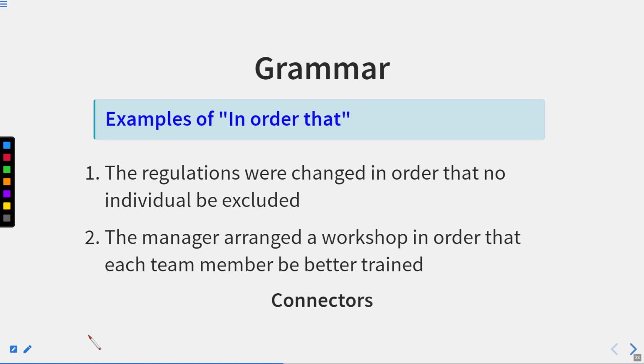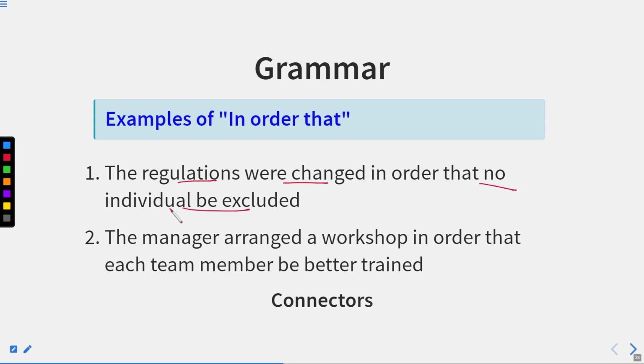Examples of in order that: the regulations were changed in order that no individual be excluded. The manager arranged a workshop in order that each team member be better trained. Here you can see in the sentences, the regulations were changed. It means whatever the rules were there, they were changed in order that no individual be excluded.